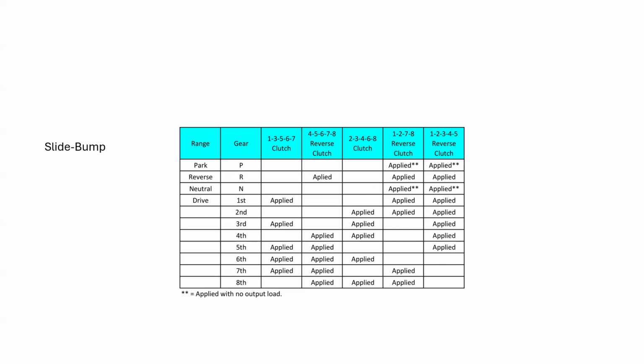We don't see this very often these days because it's generally in a system where there's an accumulator, and the action that's taking place is the applying clutch doesn't have enough pressure to complete the shift while the accumulator is stroking. And then all of a sudden, when the accumulator gets to the end of its travel and stops, that action creates a pressure spike, and that's the bump that you feel.